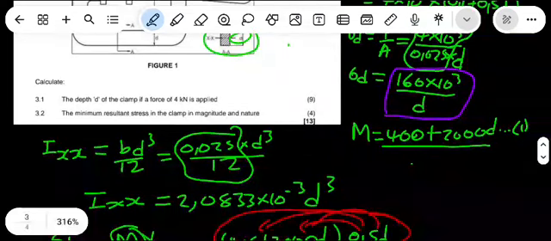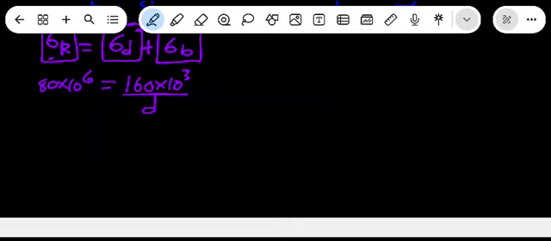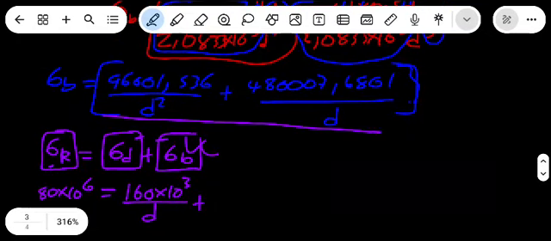160 times 10 to the power of 3 divided by what? By d. Are we together? Plus now the bending stress. So the bending stress is the whole of this.